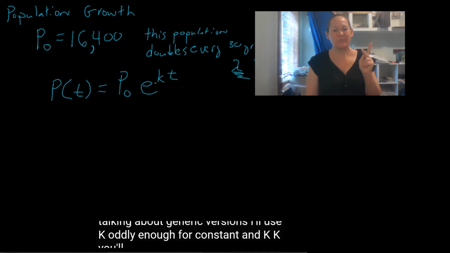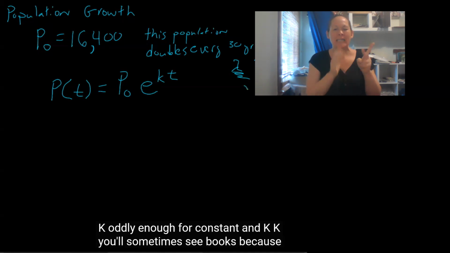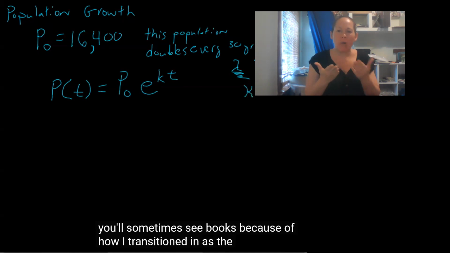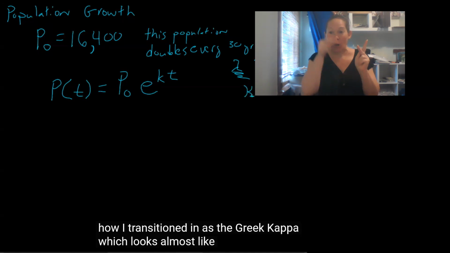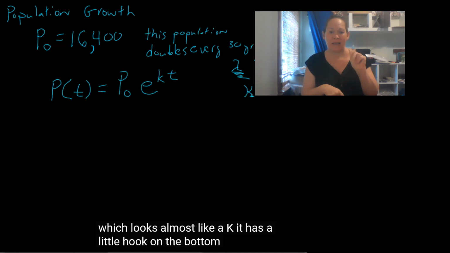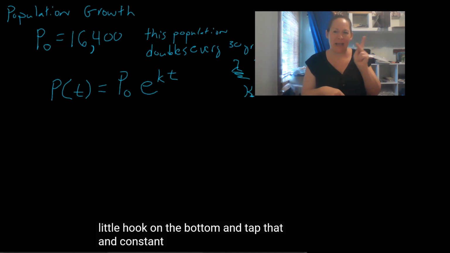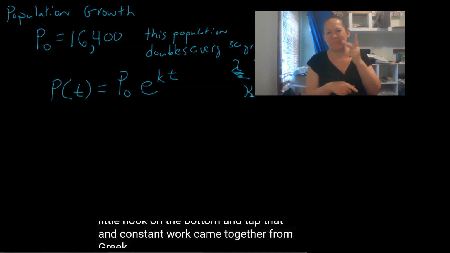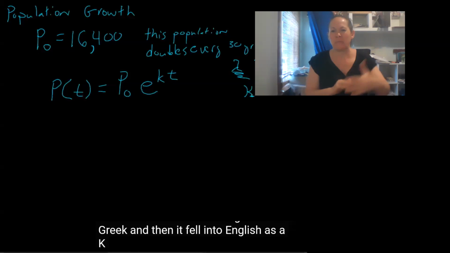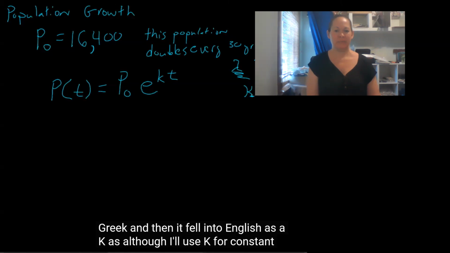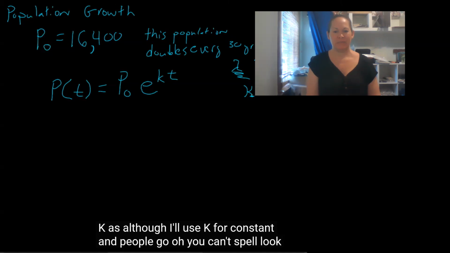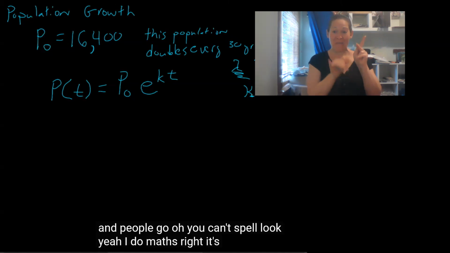And k, you'll sometimes see in books, because of how it transitioned in, as the Greek kappa, which looks almost like a K. It has a little hook on the bottom. Kappa and constant came together from Greek, and then it fell into English as a K. And so I'll use K for constant, and people go, oh, you can't spell. It's like, yeah, I do maths, right? It's all Greek to me.